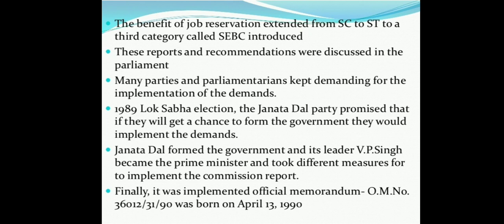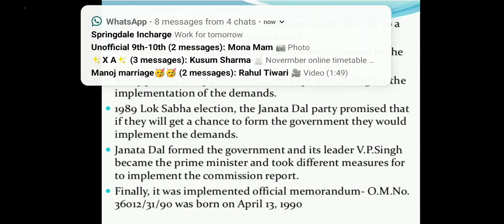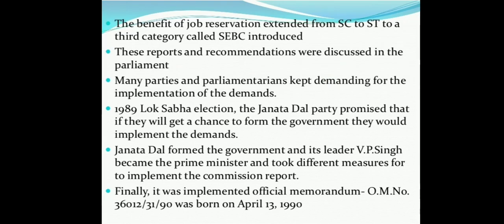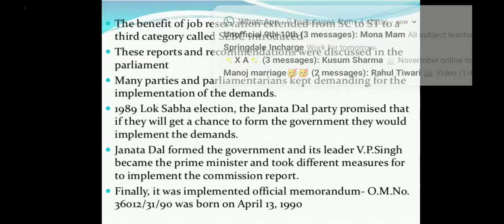These reports and recommendations were discussed in the Parliament. That means all the things to be included in this commission were first discussed between the two houses, Lok Sabha and Rajya Sabha, in the Parliament.